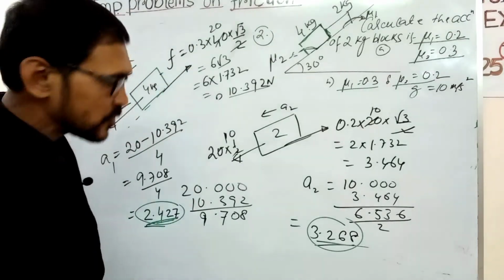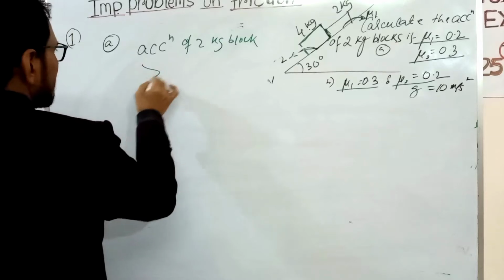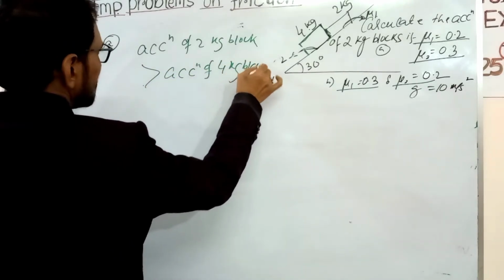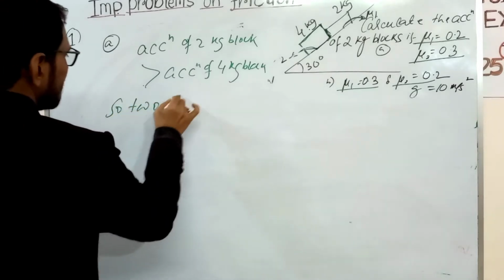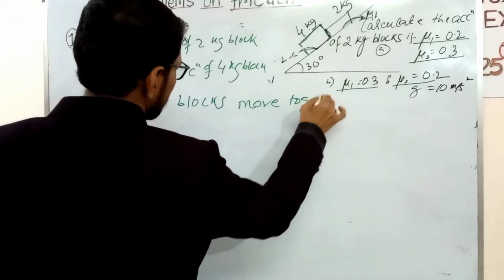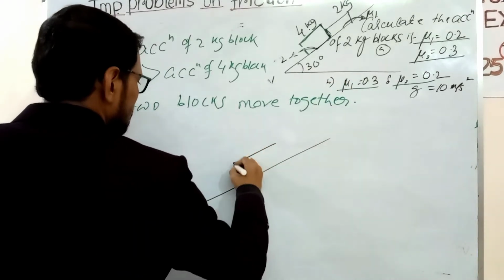As the two blocks move together, what is the free body diagram? The two blocks move together. Now this is the 4 kg block and this is the 2 kg block.